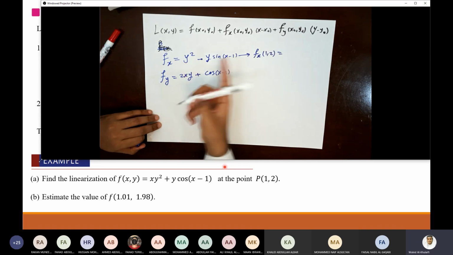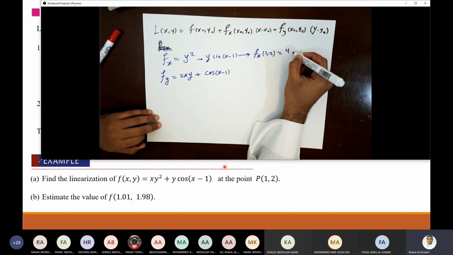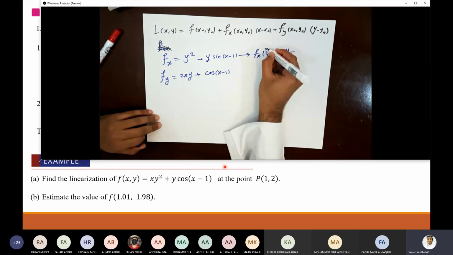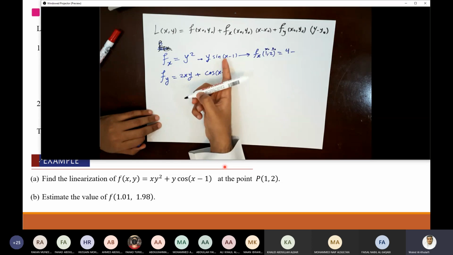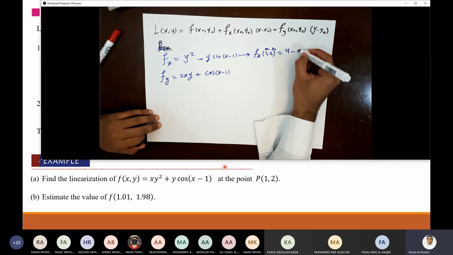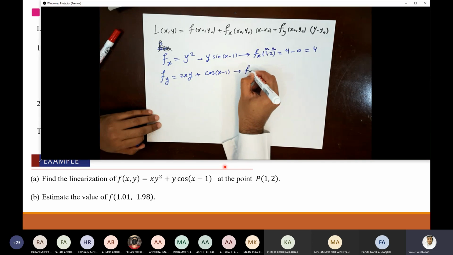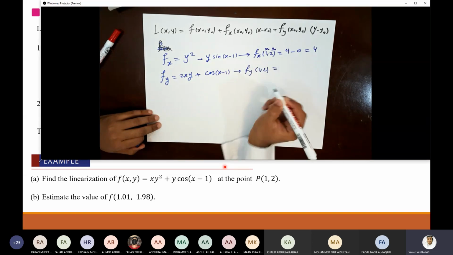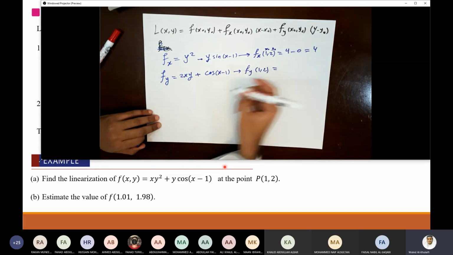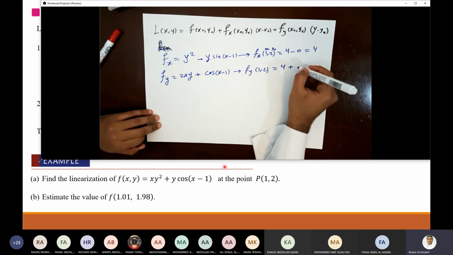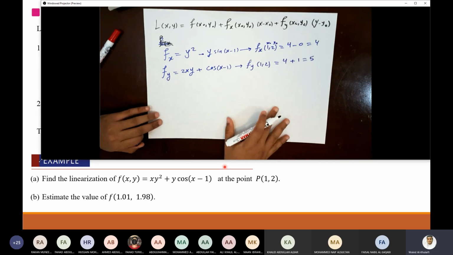So we have 4 when I substitute x naught, y naught, just to keep in mind. Here at (1, 2), when I substitute, we have 4 also. Plus, when I substitute x equal 1, you get cosine 0, which is 1, so we have 5.